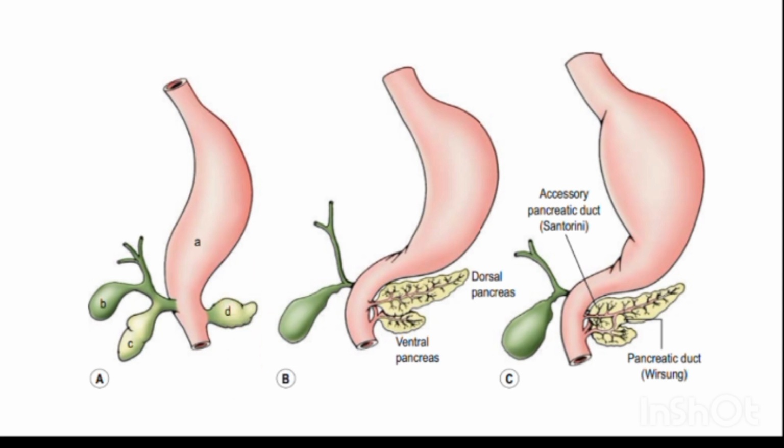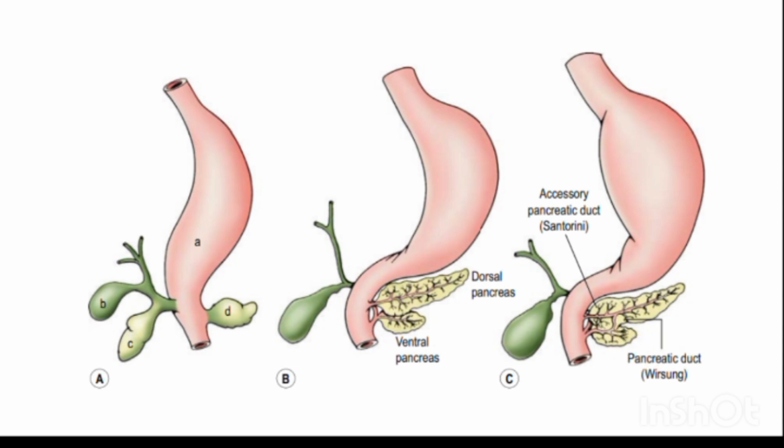An important development that happens here is the rotation of the ventral bud, which goes across and comes posteriorly and joins the dorsal bud. This ventral bud joining the dorsal bud forms the head and the uncinate process. And also, the duct of Wirsung is located in this ventral bud.